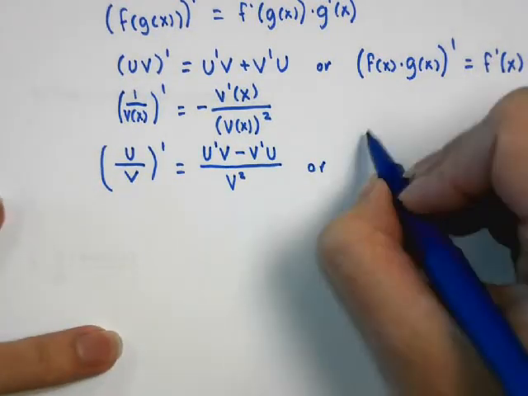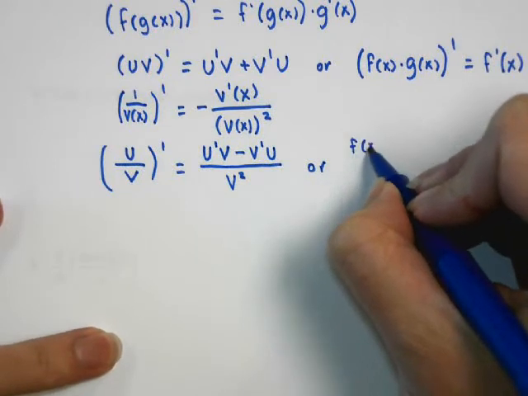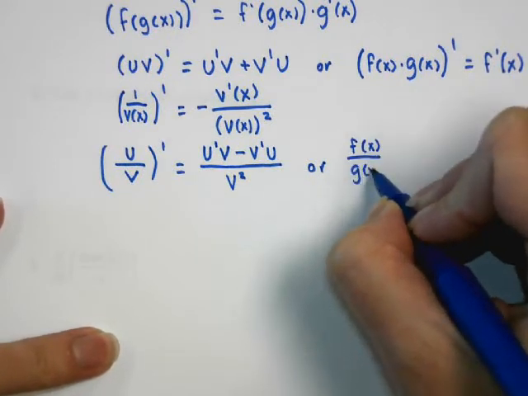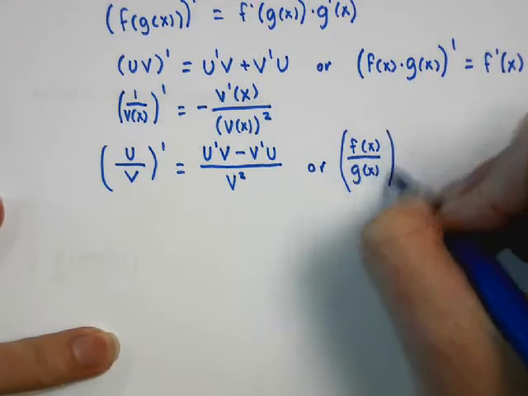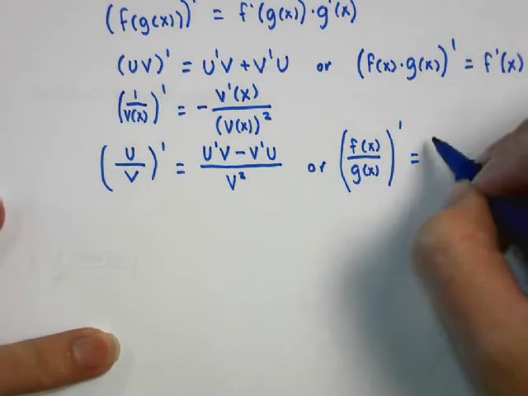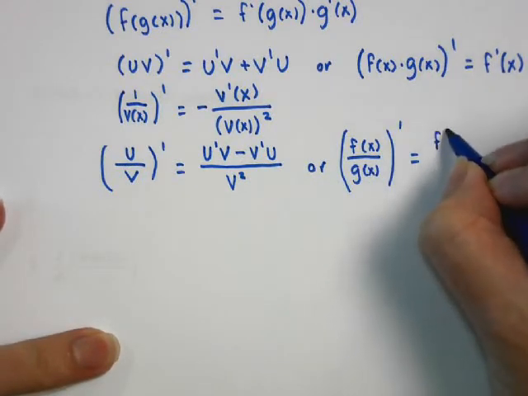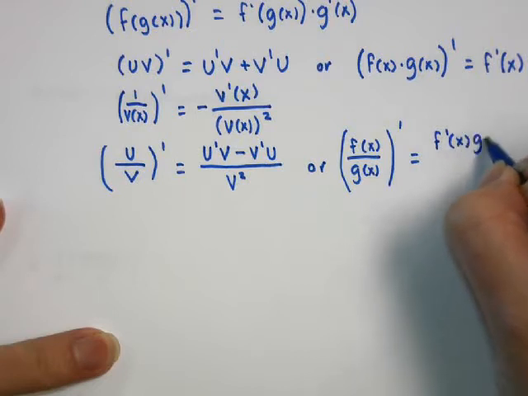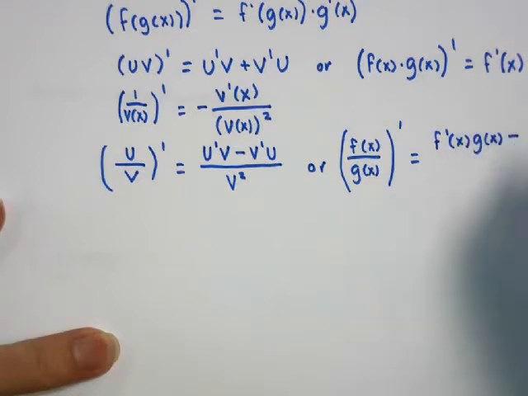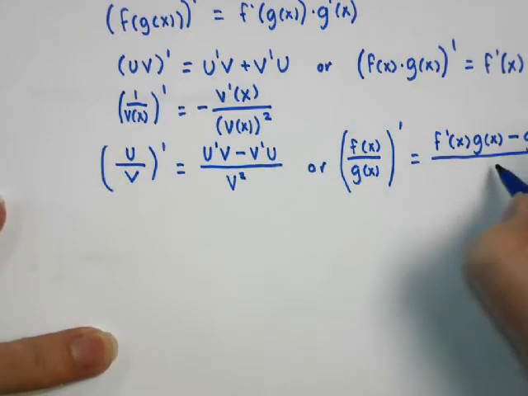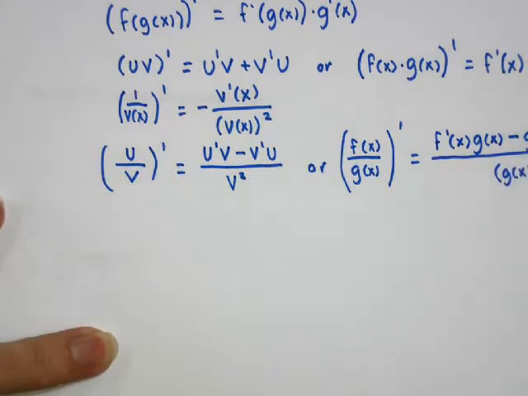I can use function notation as well, so let's say this is f of x over g of x. So it's f prime of x, g of x, minus g prime of x, f of x, all over g of x squared.